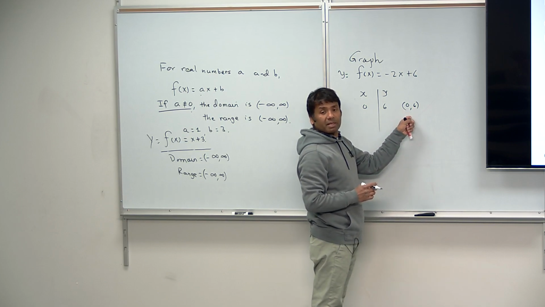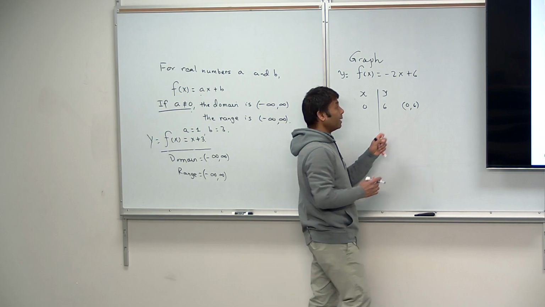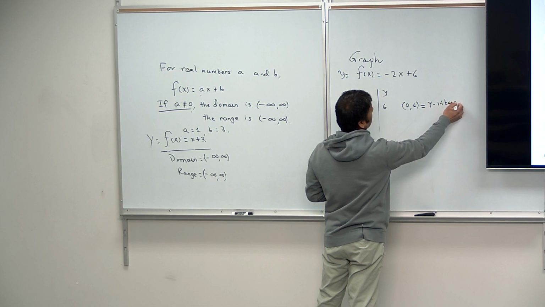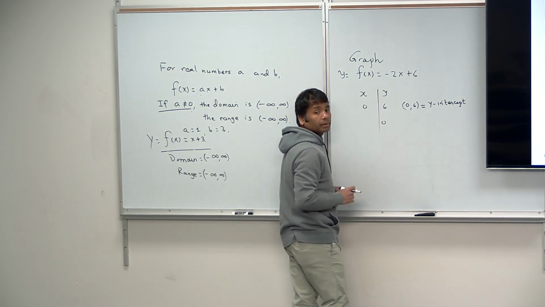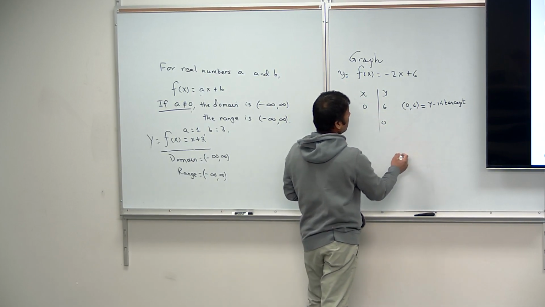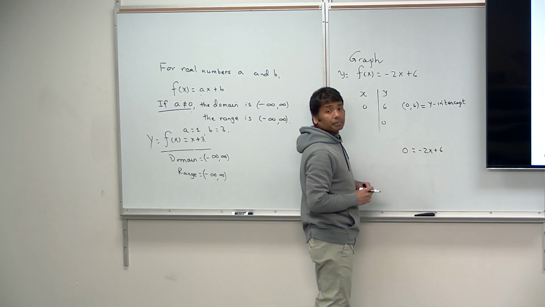Which intercept is this, x-intercept or y-intercept? Y. So this is the y-intercept. And if you plug in y equal to 0, then 0 equals negative 2x plus 6, right?